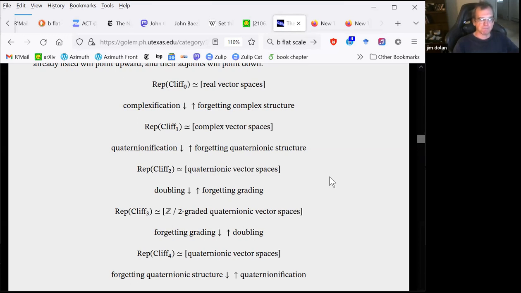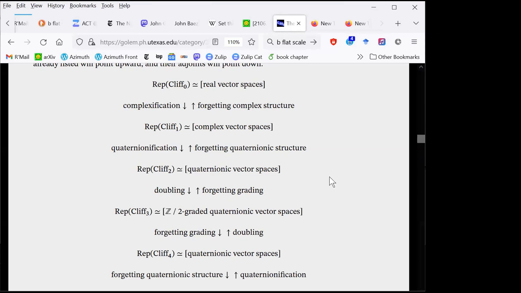So yeah, that would be great to talk about, because I haven't really thought about modding out biparabolic subgroups in the real case, and of course here it's all about the nuances of the real case. So that'll be really fun to talk about.